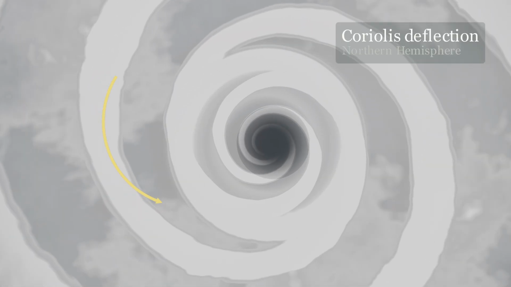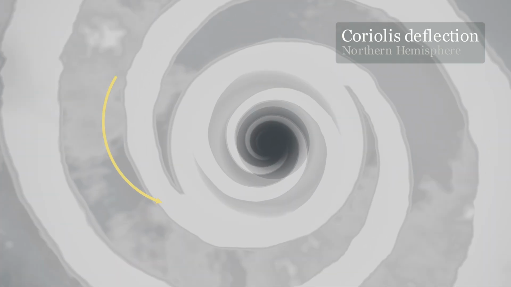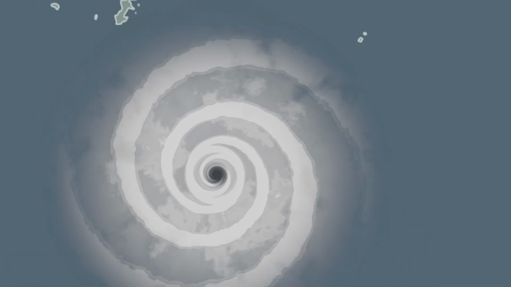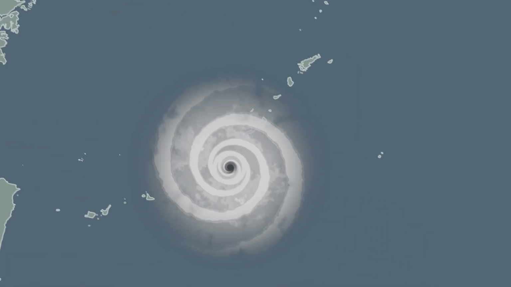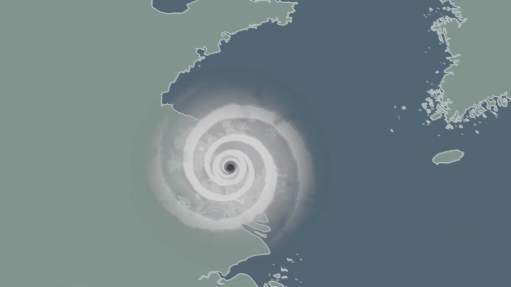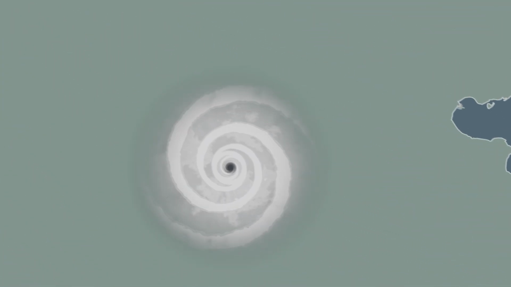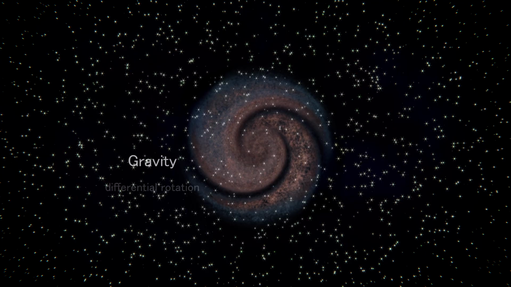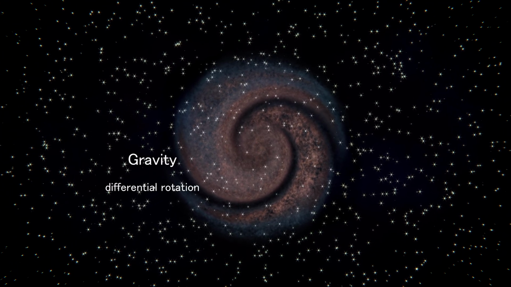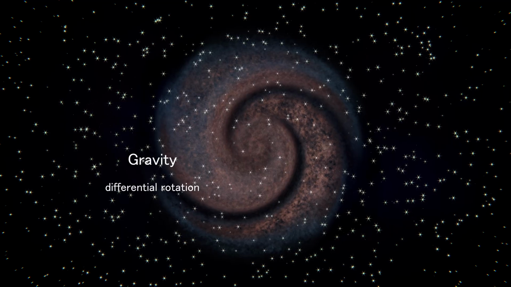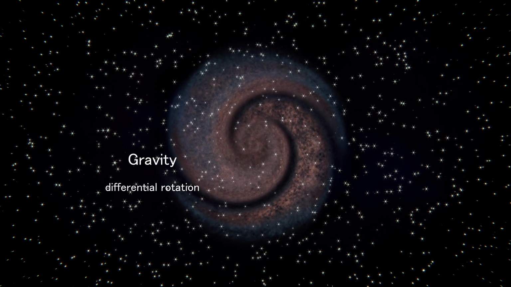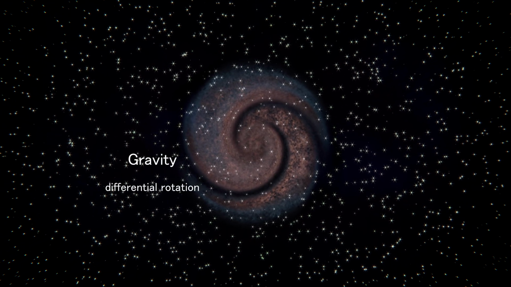A tropical cyclone is fueled by warm, moist air and organized convection, while the Coriolis effect helps produce its rotation. Together, these processes organize this cloud into sweeping spiral bands, and galactic spiral arms can emerge from large-scale gravitational dynamics, creating patterns of higher density in stars, gas, and dust.